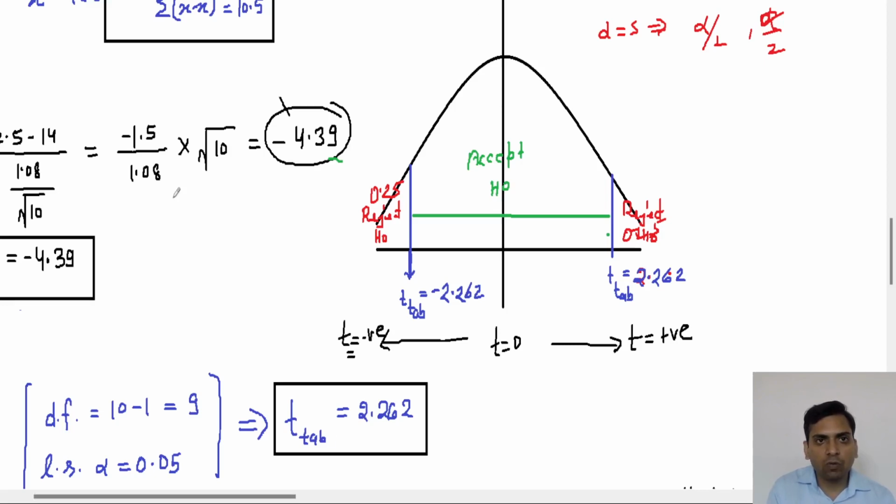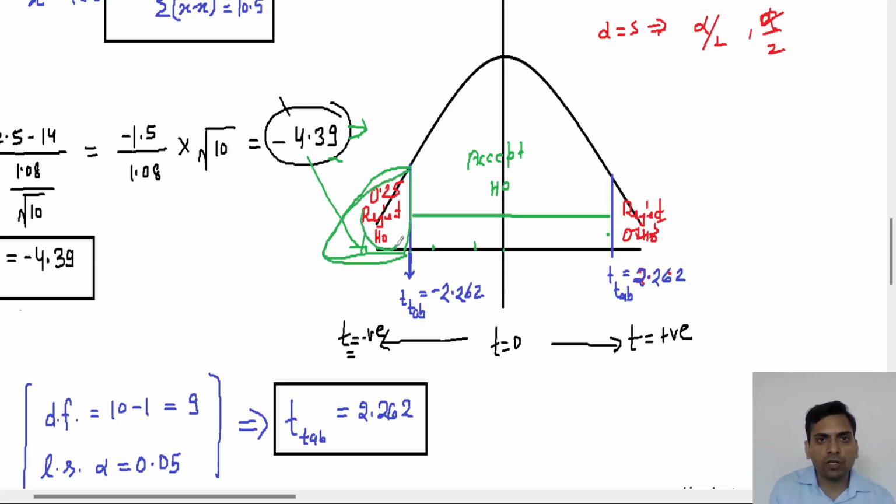So your calculated value is minus 4.39 and tabulated value is 2.262. So if we see the location of this calculated t, this point is 0, this is minus 1, this is minus 2, and this location is minus 2.262. And in this direction you will see this point. So this point comes under this rejection region.